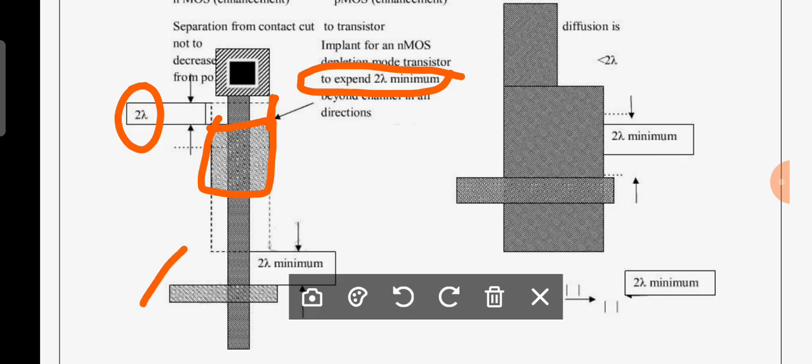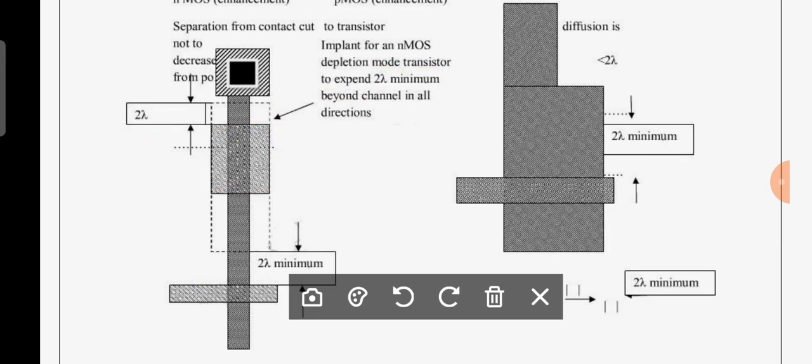If there is one more transistor here, the minimum separation between the transistor channel and your implant should be 2 lambda. The exact rule is that the minimum separation between the channel of the transistor and your implant should be 2 lambda in all directions. That is a very important point. Is it clear? This is the minimum separation, 2 lambda.